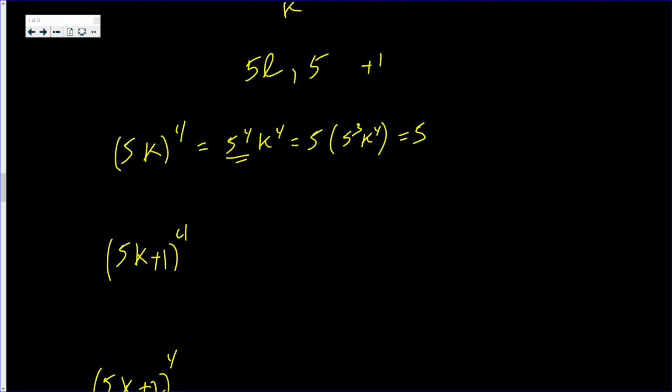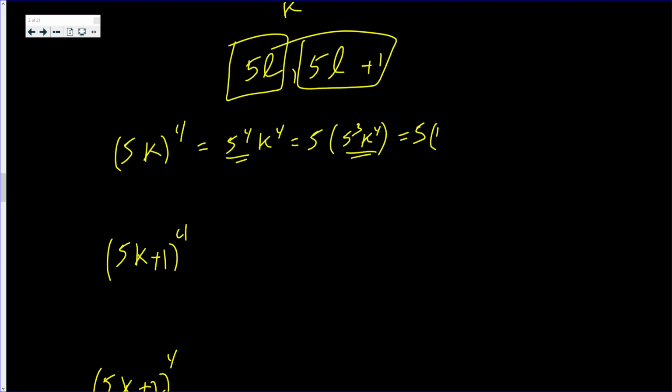Which, it'll be easier if I change those letters. There. When you raise an integer to the 4th power, you either get a multiple of 5 or a multiple of 5 plus 1. And here, I'm going to call that L. So, we got 5L. Wonderful. Over here, remember, Pascal's triangle is going to tell us the coefficients of the 4th power.